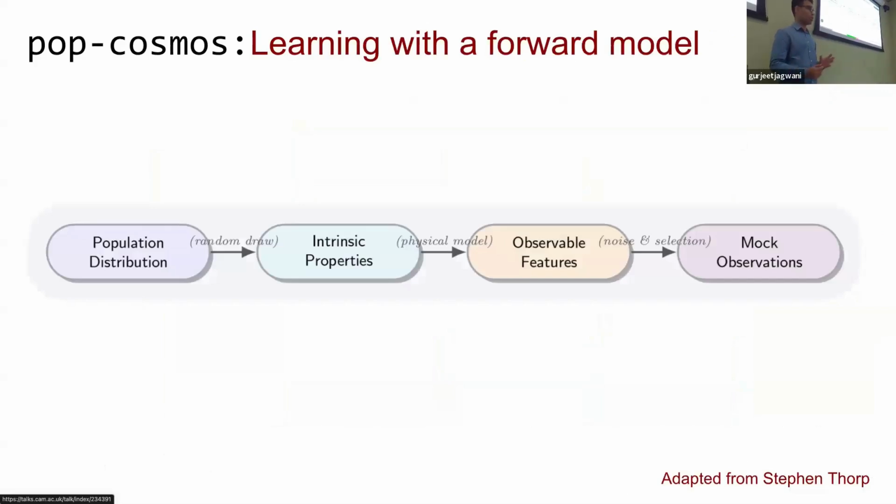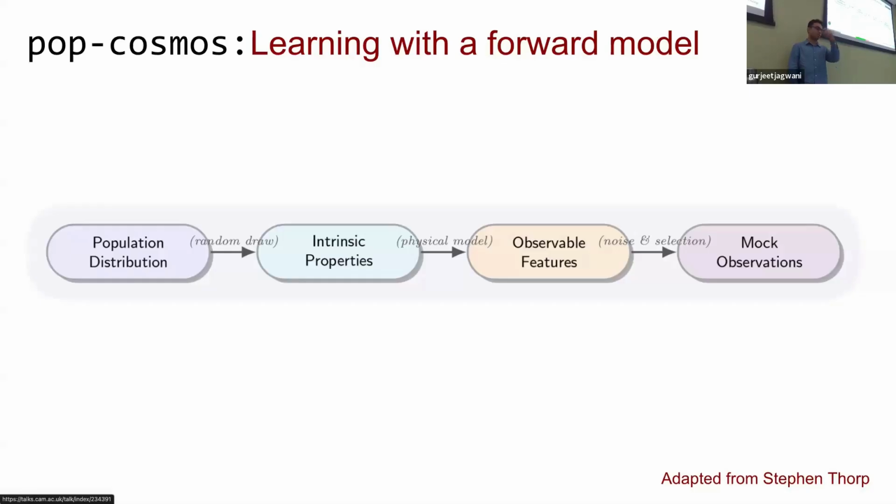So how do we answer this question? What is the distribution of galaxy properties that we see in the universe? One way to answer this is through a forward model. We have a population distribution of many galaxy properties, we randomly draw something from that distribution, let's say a Gaussian, and then we turn it into an observable, something that we would observe from our telescopes, like the flux of a particular object.